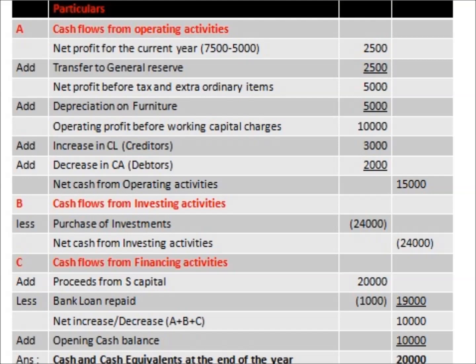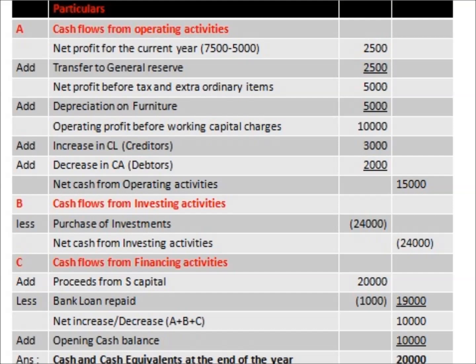We have already calculated figure A, cash from operating activity, 15,000; figure B, cash flows from investing activity, minus 24,000; and figure C, cash flows from financing activities, plus 19,000. Now we can arrive at the net increase or decrease. If it is negative, it is a decrease. If it is positive, it is an increase. So A plus B plus C, 15,000 minus 24,000 plus 19,000, becomes 10,000. This is the net increase in cash, rupees 10,000.